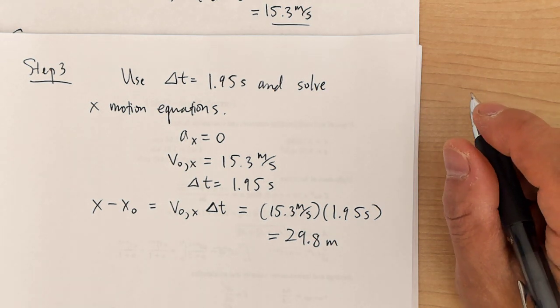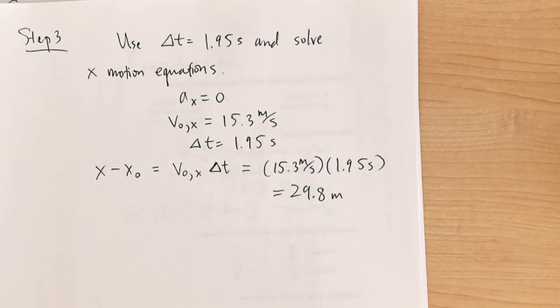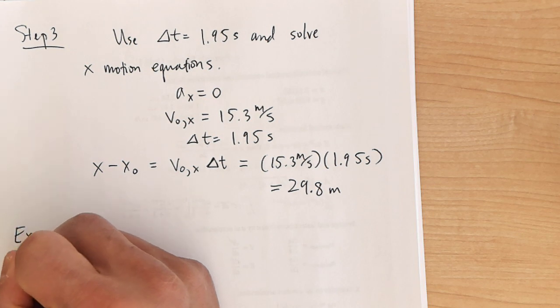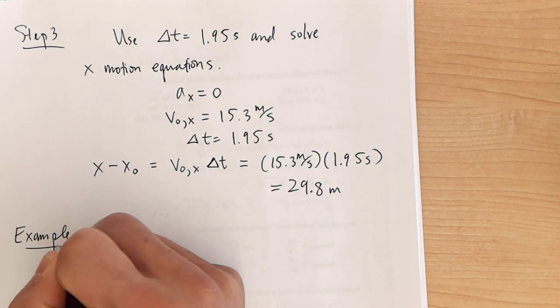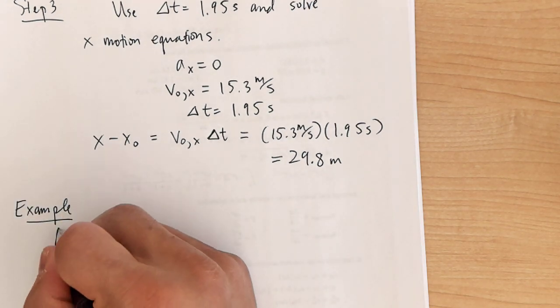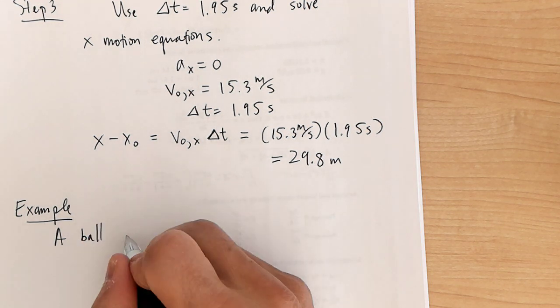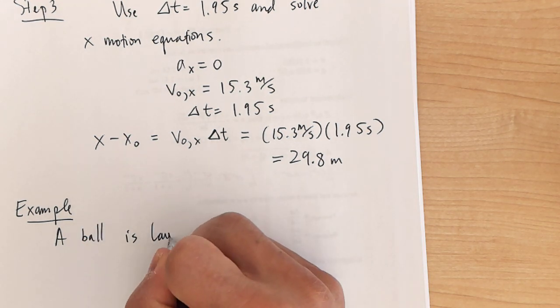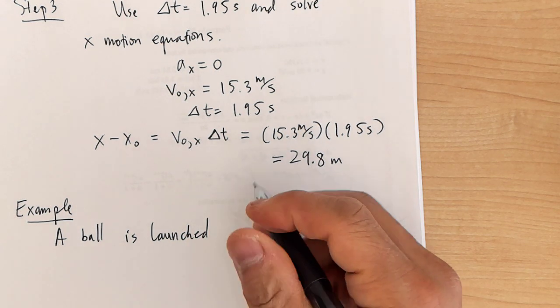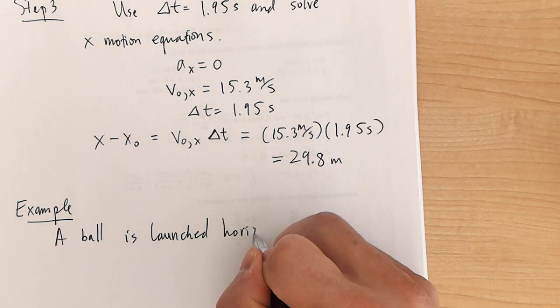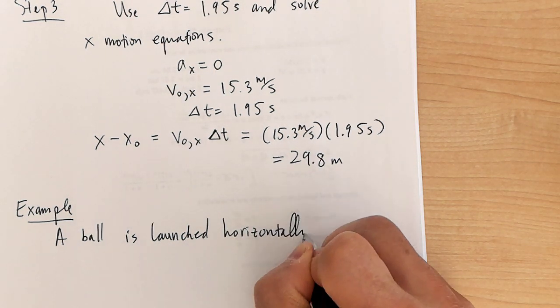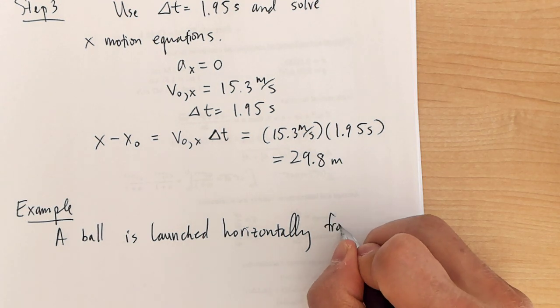All right. Now let's do another example. Let's say a ball is launched horizontally from the top of the cliff.